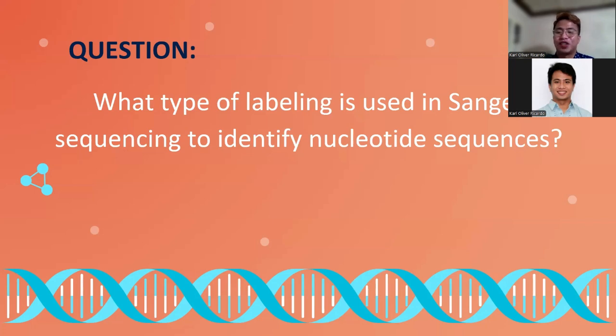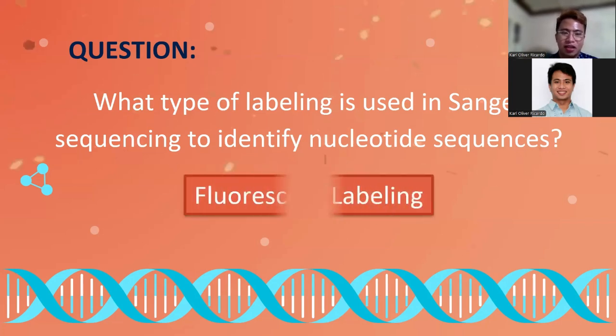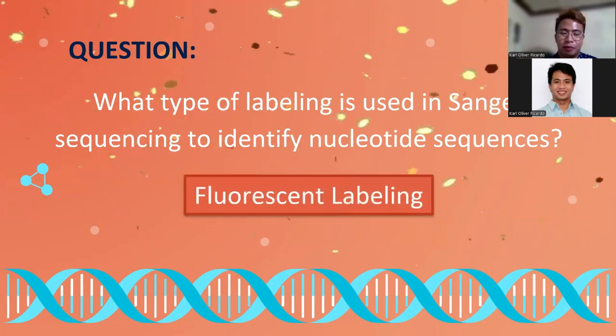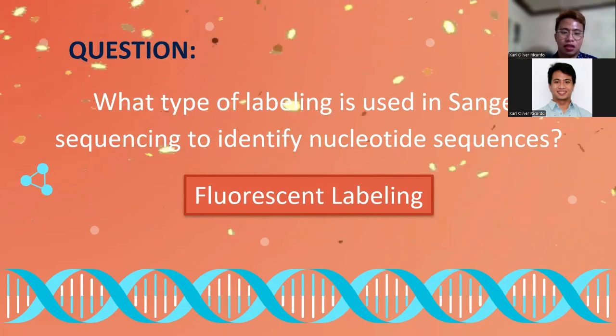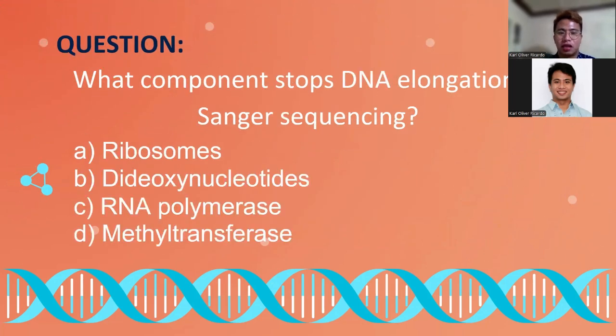May isa pa pala. Second to the last topic. Okay, so what type of labeling is used in Sanger sequencing to identify the nucleotide sequences? Ano pong ginagamit natin? If you can still remember po yung may kulay-kulay kanina, we call that as our fluorescent label. Okay? Another question is that, what component stops DNA elongation in Sanger sequencing? Di ba?